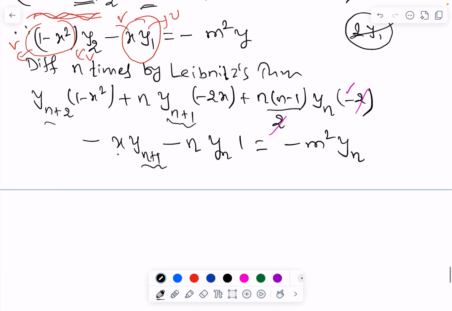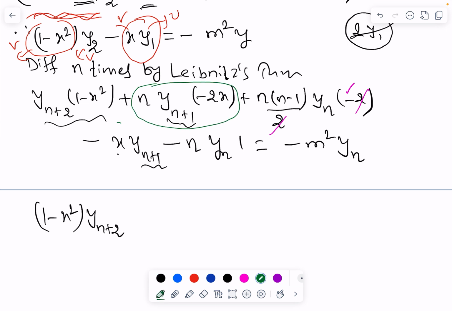And now simplify this. These two cancel, negative sign will be there. So here we have 1 minus x square yn plus 2. Now here we have yn plus 1 and x, here also x and yn plus 1. So x is there, yn plus 1 is there, negative sign is there.